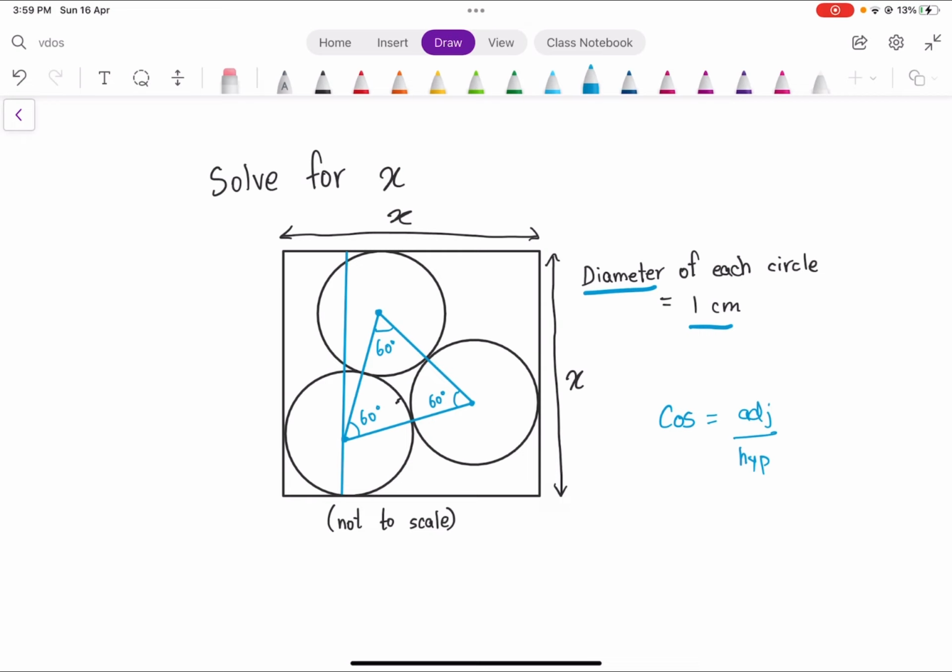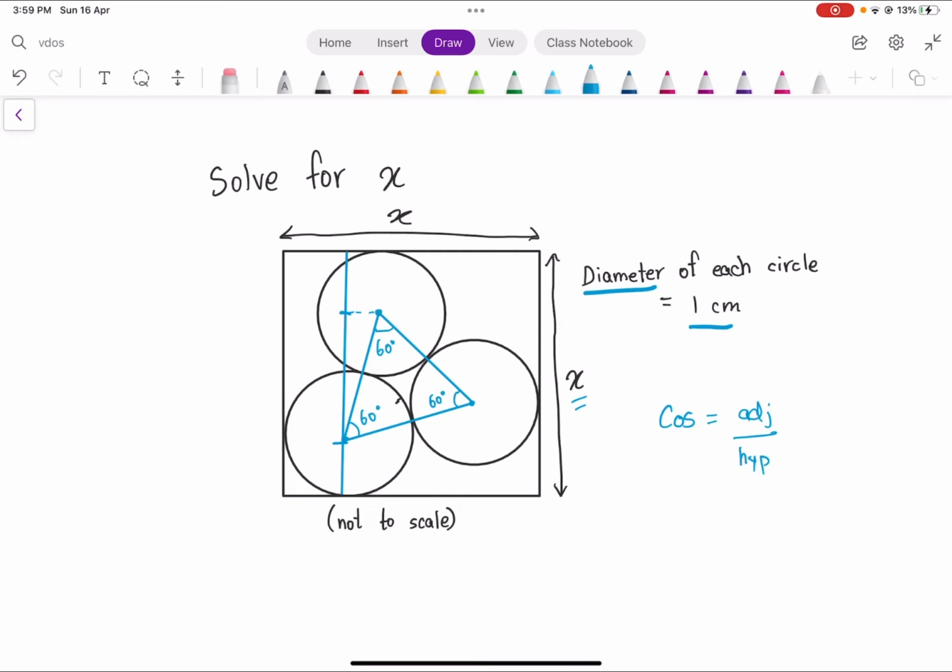Well, no, that's because the length of the line is x, which is given over here. We need to find the length of this part, because if we find that out, then we can add 1 to it to get our length of the side.